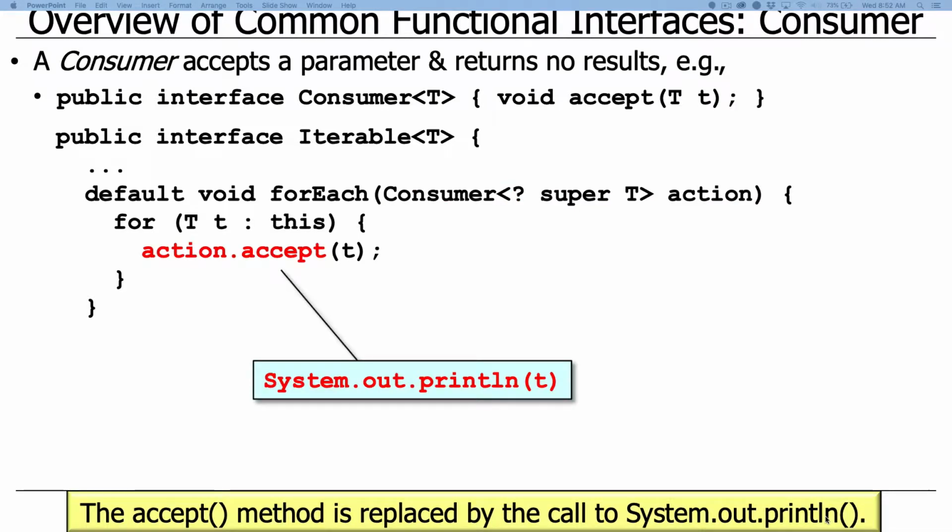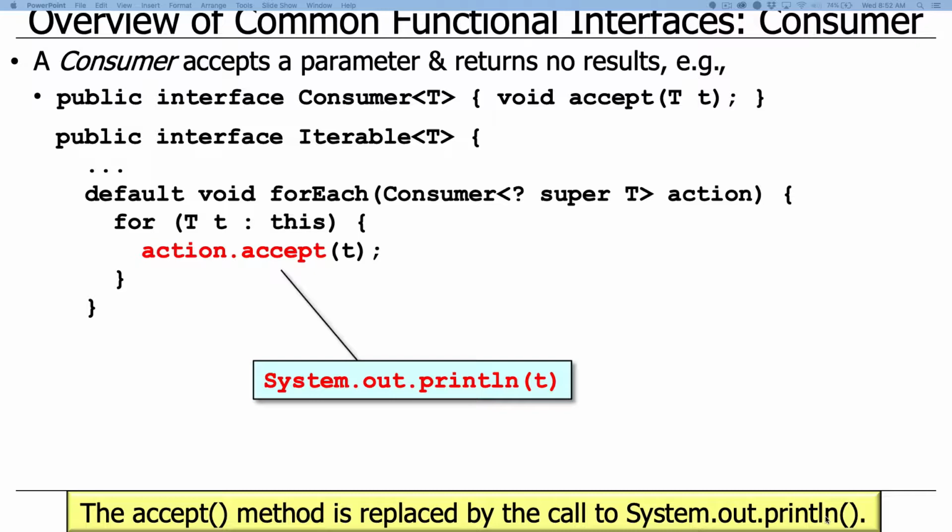We then are going to go ahead and iterate through every element in the collection that we're working with here that has implemented Iterable using a for each loop. And for each element in that collection, we're going to go ahead and accept the element into the action. So that's kind of a way of getting the result to do something.